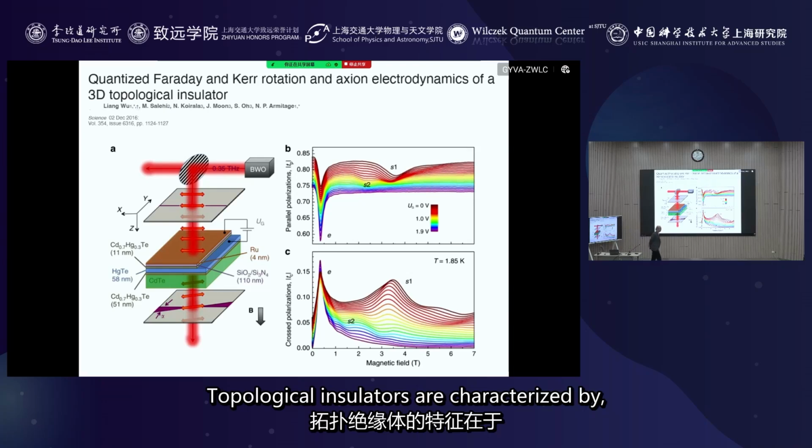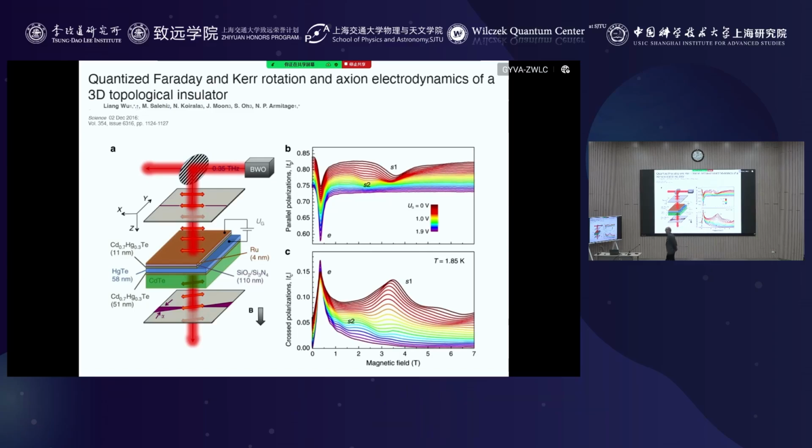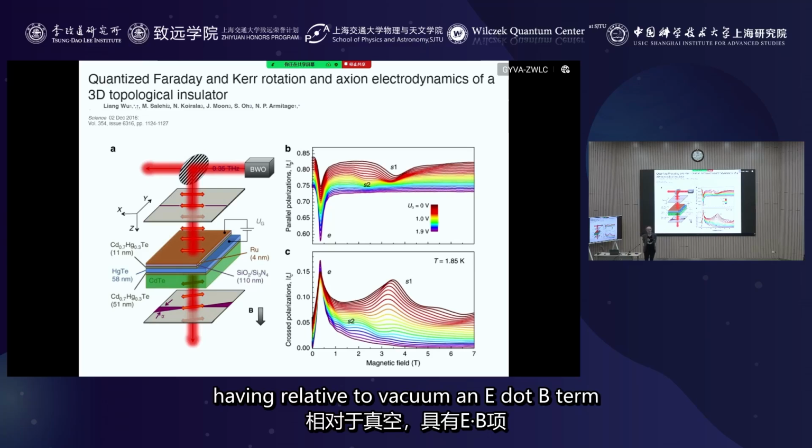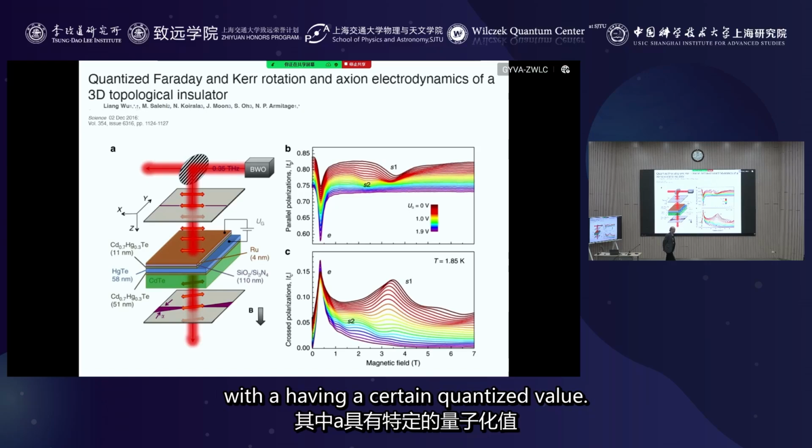Topological insulators are characterized by, in fact, having, relative to vacuum, an E dot B term with A having a certain quantized value.